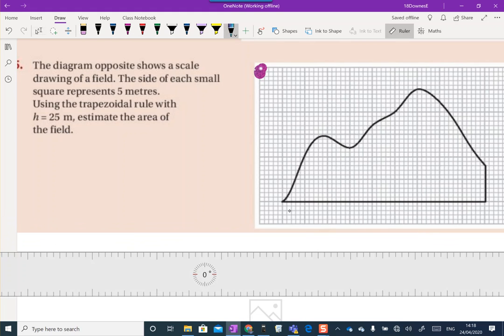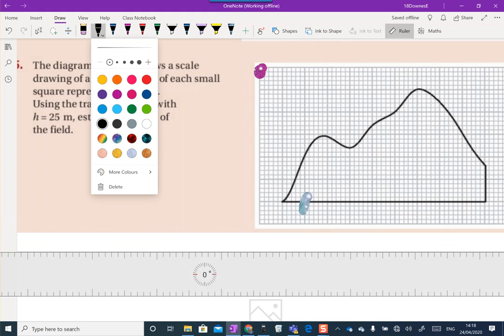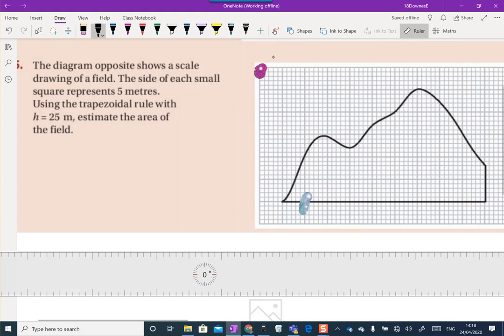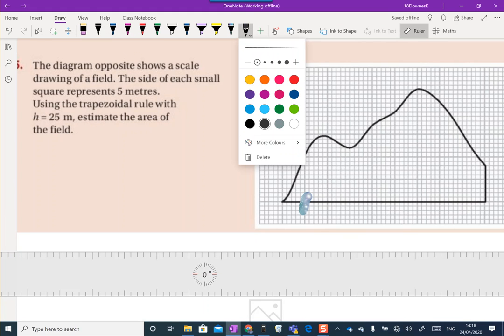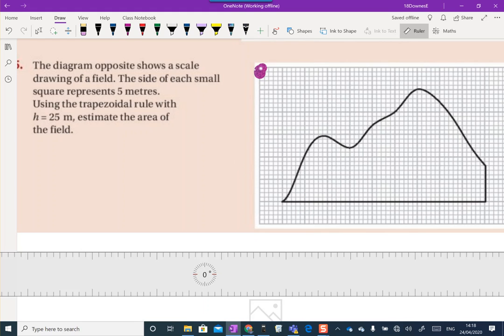Now I'm kind of struggling with this, but the way I look at it is, and for fine work, you know, I might just create a pencil here and make that pencil particularly fine. Okay, so basically that's 1, 2, 3, 4, 5, 6, 7, 8, 9, and each one of them is 25.